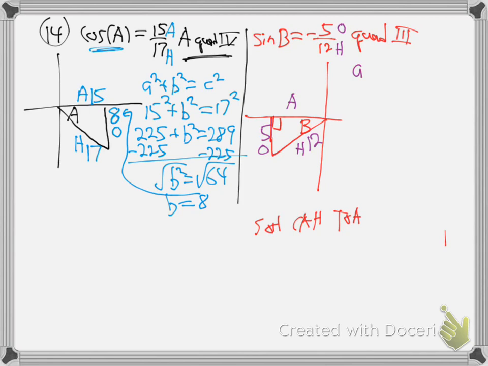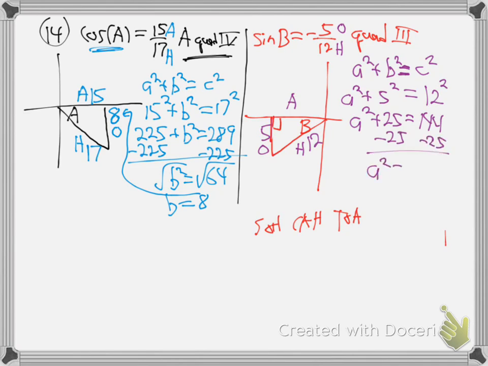Pythag. So a squared plus b squared is c squared. Which one's the c? The 12, the hypotenuse always. So a squared plus 5 squared, a squared plus 25 is 144.